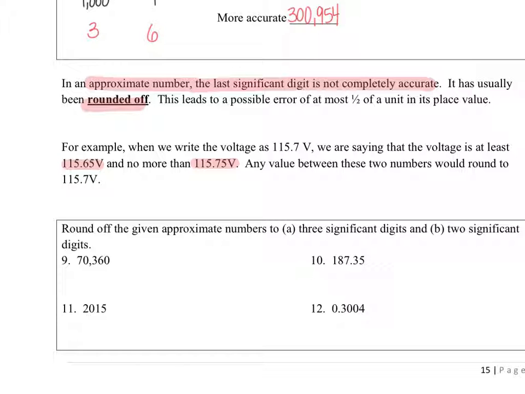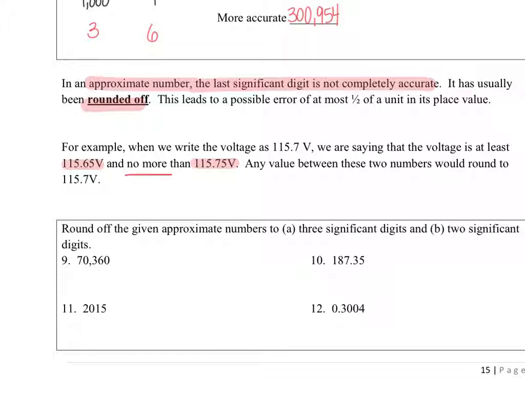Any value between these two numbers would round to 115.7. So no more than is the key here. It's no more than 115.75. So when we're finding the value of what it could be, we're going 0.5 in both directions.